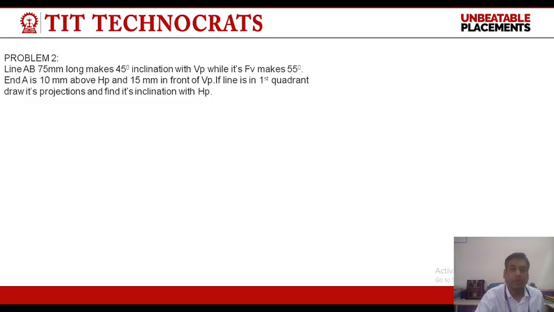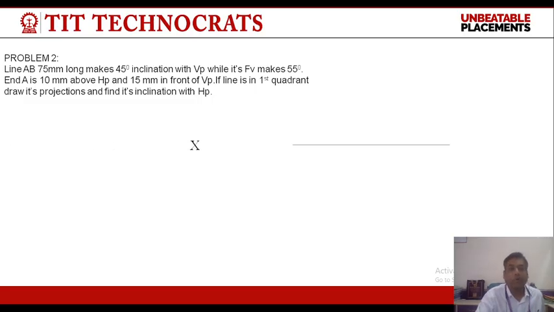Again, in this problem, the given line is AB, its true length is 75 mm. It makes an angle of 45 degrees with the VP, this is phi, and its front view makes an angle of 55 degrees, so the angle of front view is alpha.